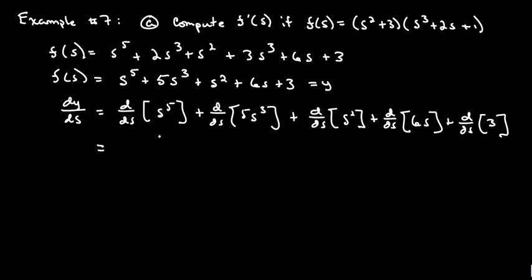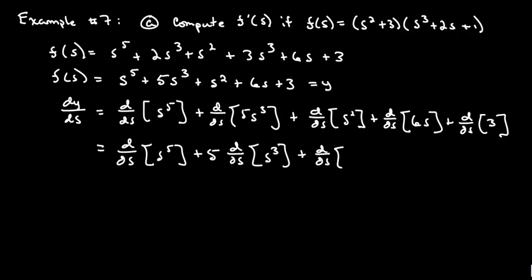Let's pull all of our constants out. We can pull the 6 and the 5 out. So this would be d/ds of s to the fifth plus 5 d/ds of s to the third plus d/ds of s squared plus 6 d/ds of just s and d/ds of 3.